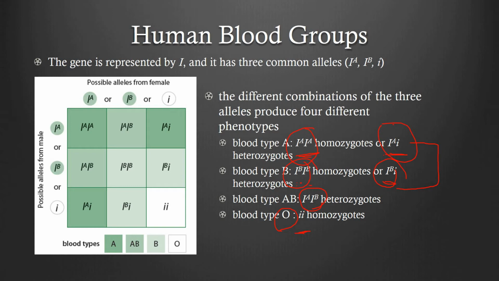So, in a nutshell, it can all be determined just by what your IA, IB, or i combination is, in terms of what was given to you by your parents. As you can see on the chart to the left, as each of these is given from each of your parents, you can get a combination based on how you do the Punnett square.